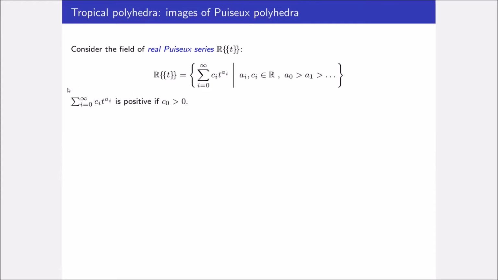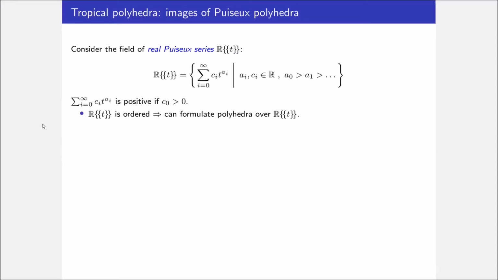So we can start doing convexity in this field by saying that a formal power series is positive if its leading coefficient is positive. And given this, we can order Puiseux series.